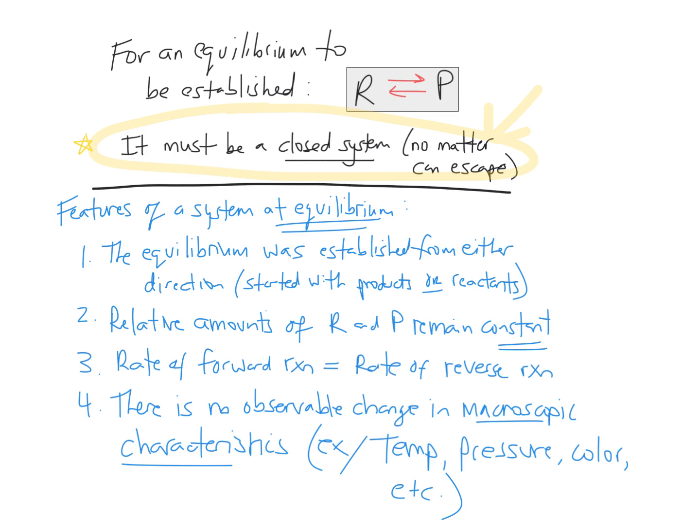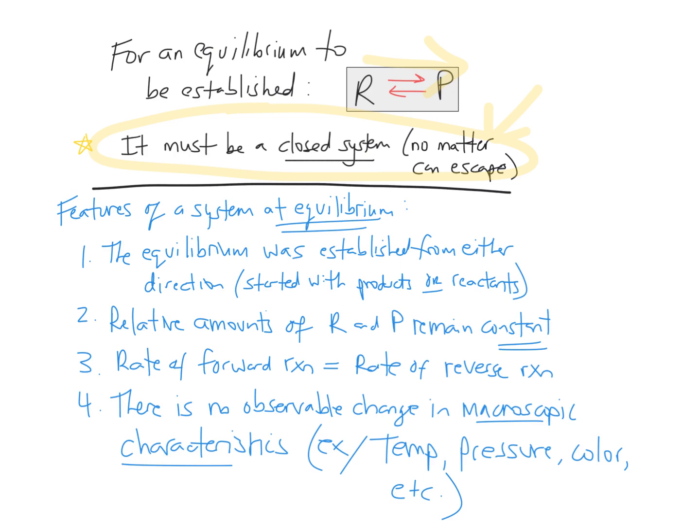If you were able to lose bits of product, then what we would see is that the forward reaction would keep on happening to produce more product. Okay, so we'll see in future lessons how an equilibrium responds to changes that are imposed on it, or stresses that are imposed on it, such as removing product or removing reactant. But we're going to assume that if it's in a state of chemical equilibrium, it's a closed system.